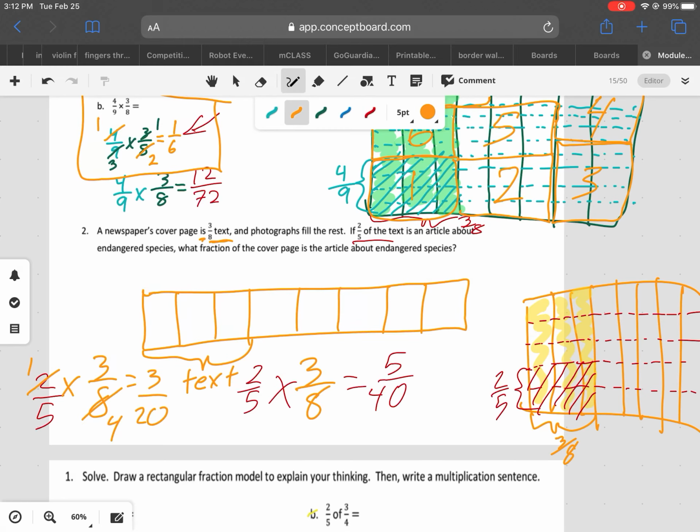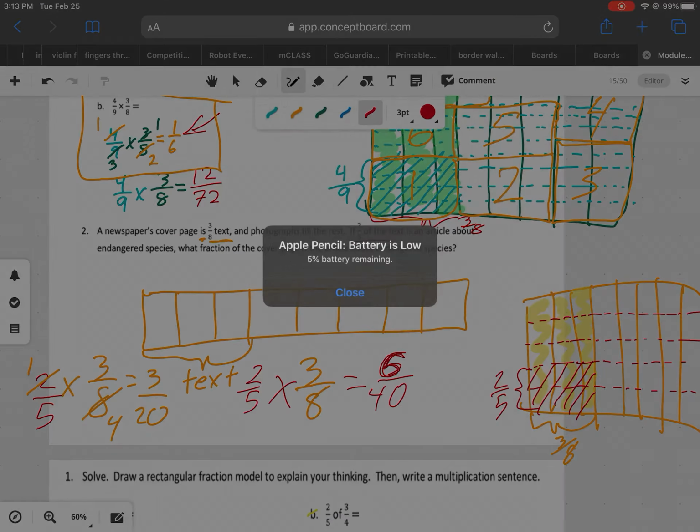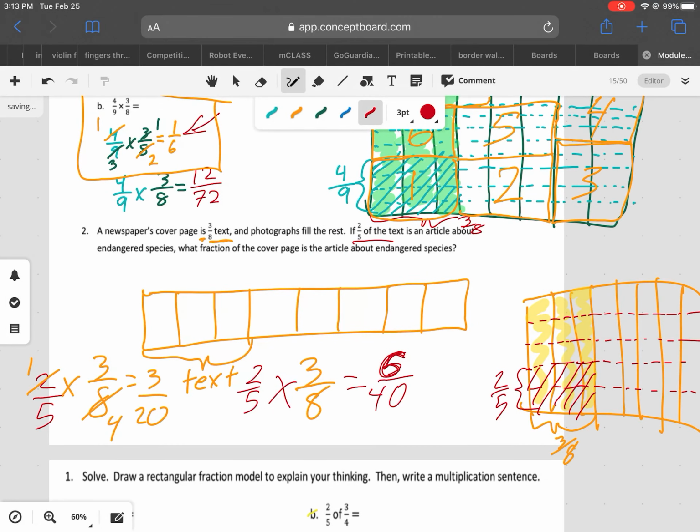Okay, I can do that to a 4 and do that one to a 1. That's going to give me 3/20. Oops, this one should be 6. Sorry. Okay, so that's 6/40, which is also the same as 3/20.